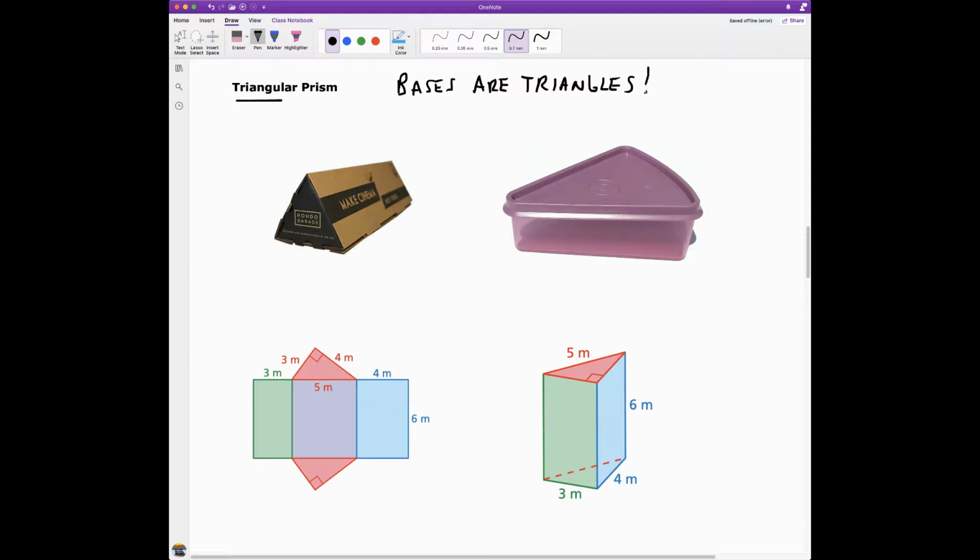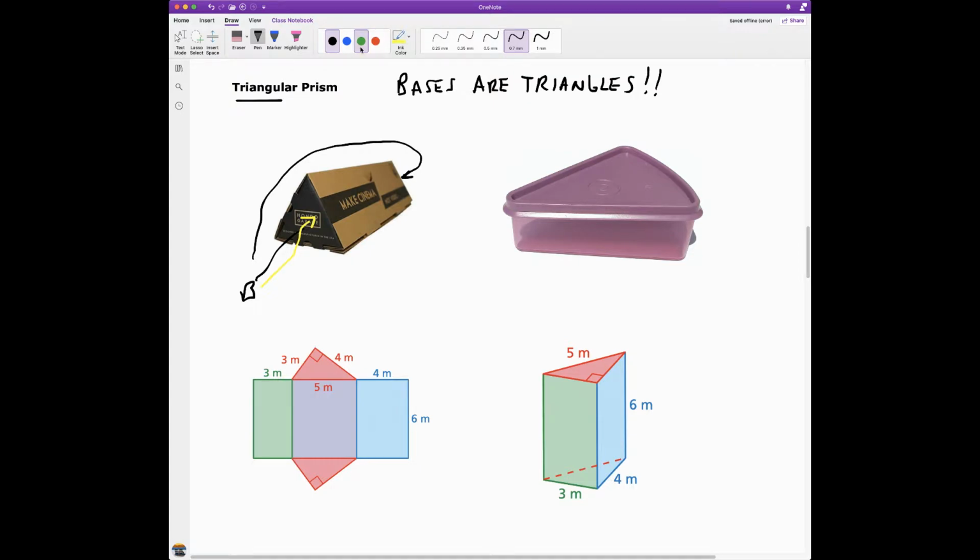Okay, the bases are triangles. So let's see if we can find the bases. So in this box, this would be a base. Let me use a different color because that's probably not a good one to use. So let me use this. There you go. That is a base. And then the other base would be on the other side back here. That's where the two triangles are.